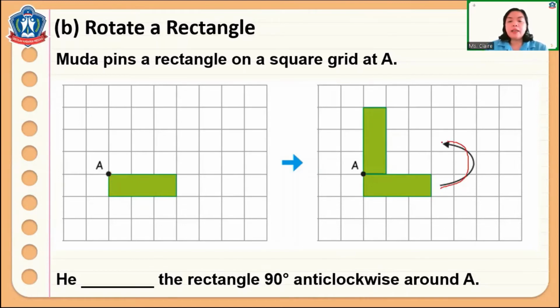So that is anti-clockwise, and that is 90 degrees. So he rotates it 90 degrees anti-clockwise. Okay. So remember that the center, this one, will not change. The position or location is still the same location on the grid.